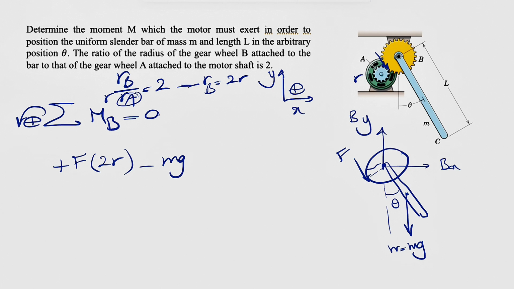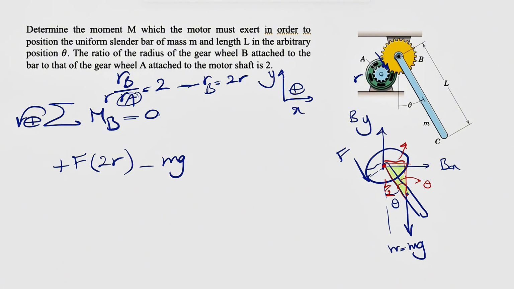mg would be the force, and we are looking for the vertical distance from B to the line of action, which is basically this distance. If we look at this right triangle, this angle is also theta, and since the slender bar is homogeneous, the center of mass would be exactly at the center, so we have L divided by 2 for the hypotenuse of the right triangle that I'm highlighting in green.